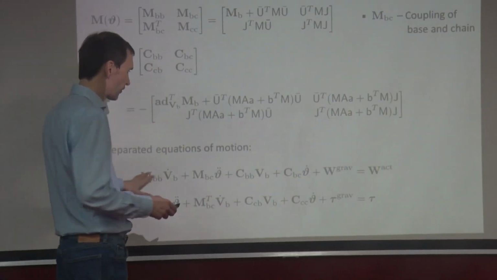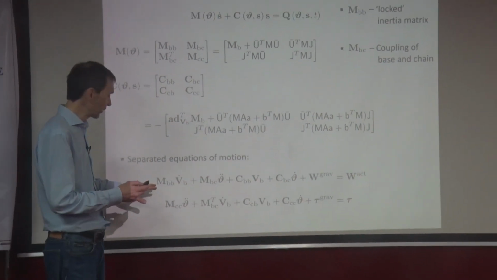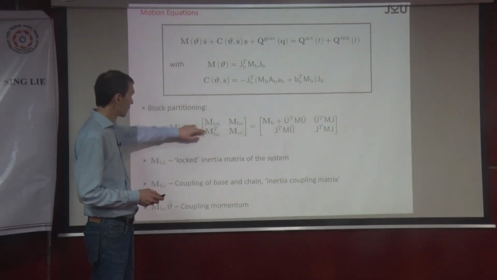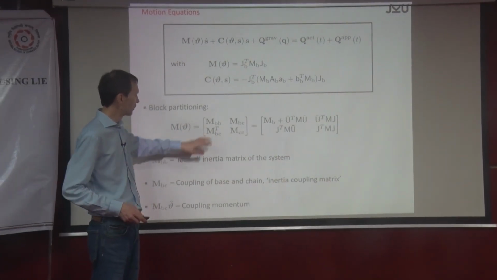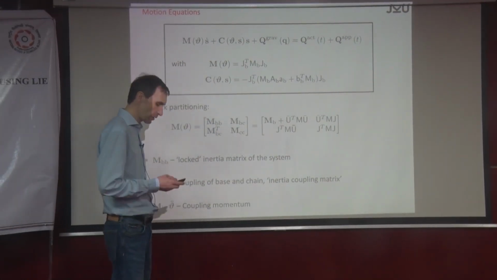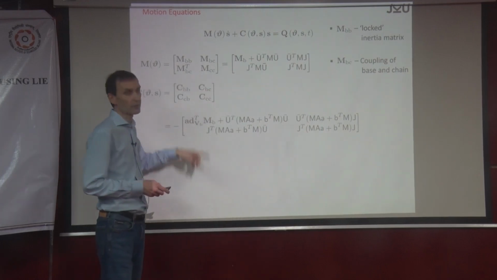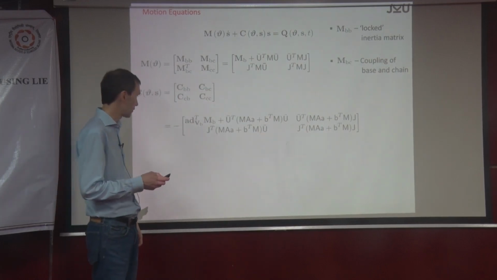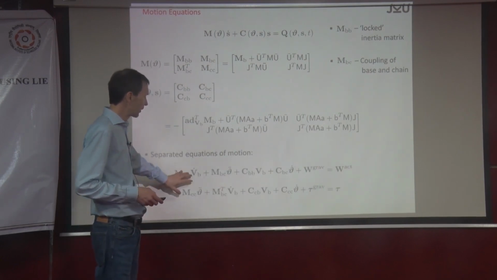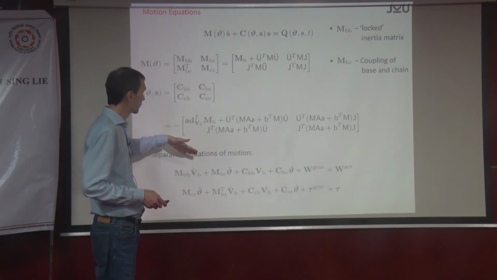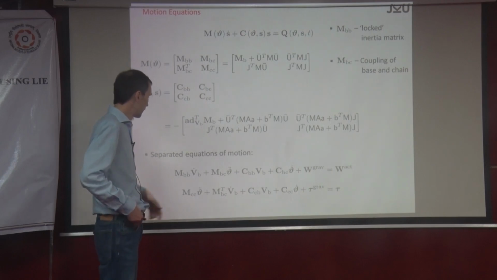If you multiply this out, you have this matrix partitioning, and then of course the corresponding C matrix partitioning. If you just do this explicitly and multiply this out, you get two equations. And they are coupled, right?